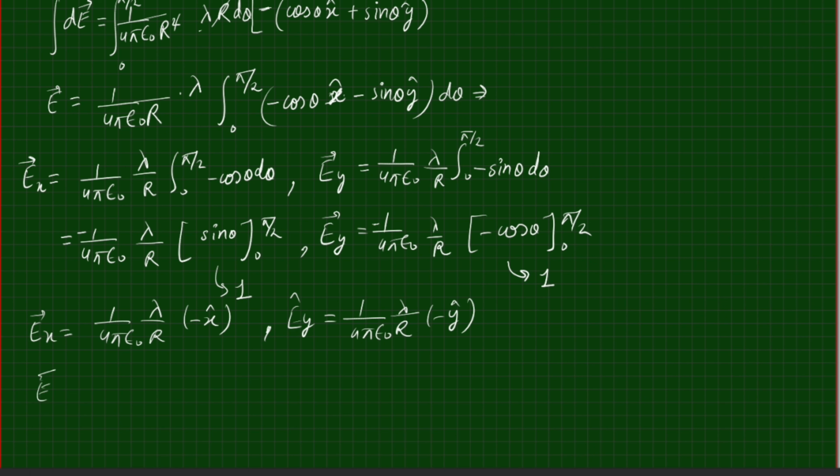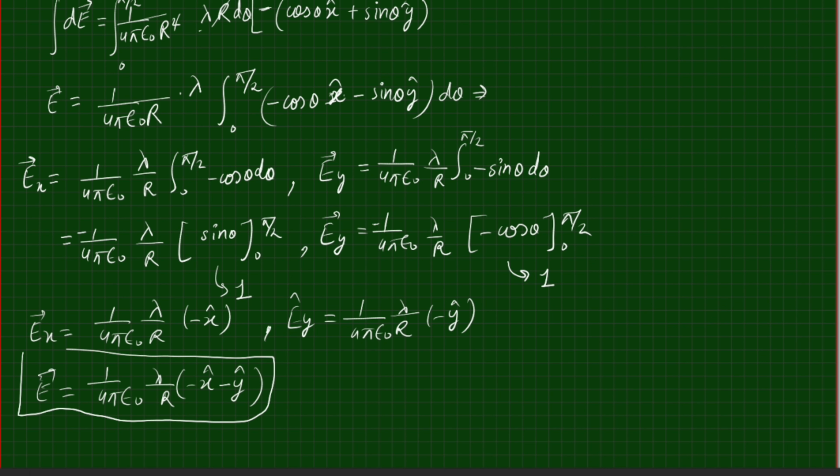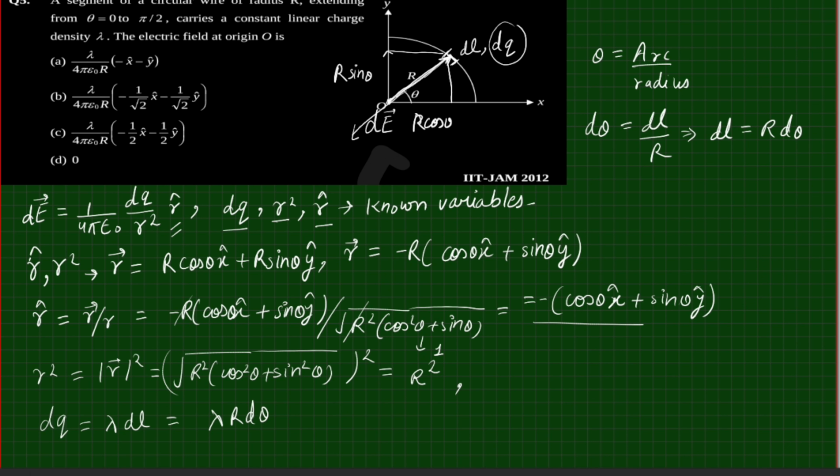On combining, this will become 1 over 4 pi epsilon naught lambda over r times minus x cap minus y cap. So this is our final answer. So let's check this in the options. A is the correct option.